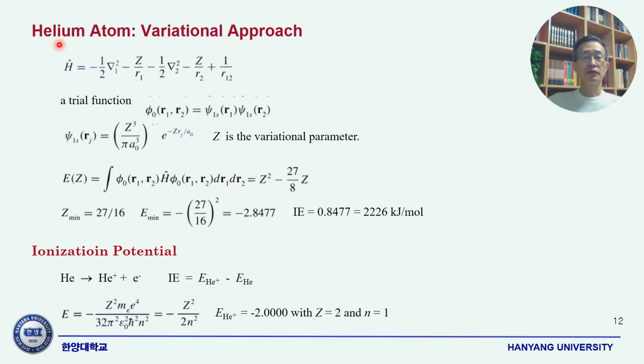So for the helium atom, now we are back to the problem of the helium atom. Firstly, we do the variational method. This is the Hamiltonian, which you remember in atomic units, and our trial function is just the same as before. An orbital product: electron 1 in the 1s orbital, electron 2 also in the 1s orbital.